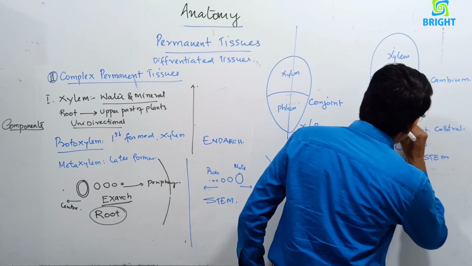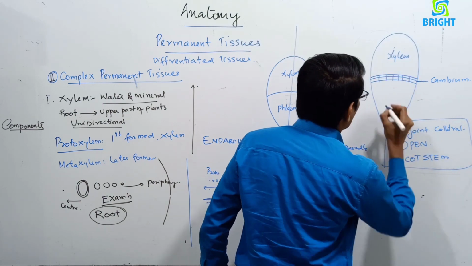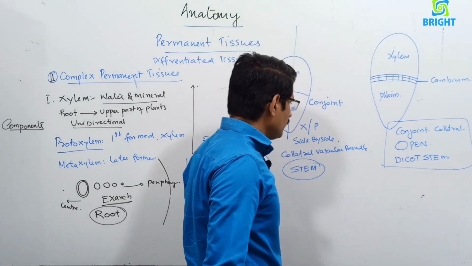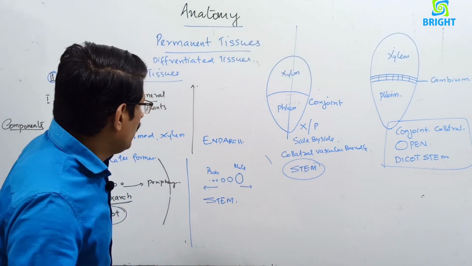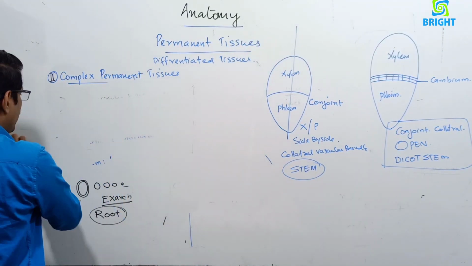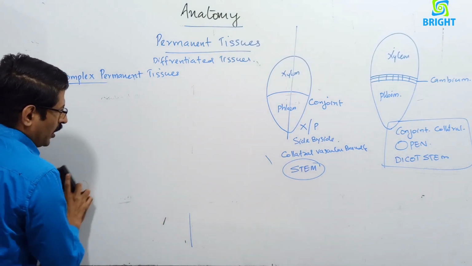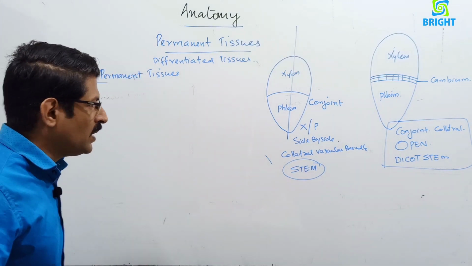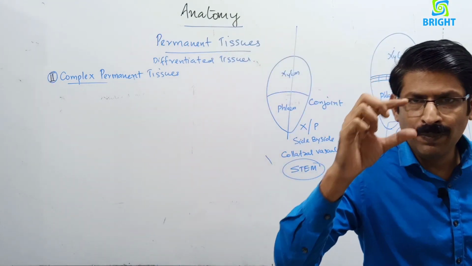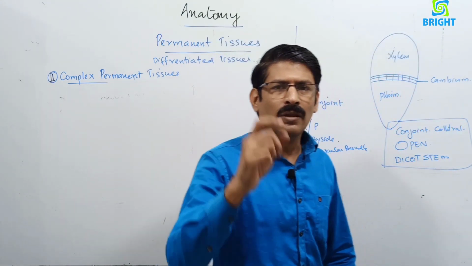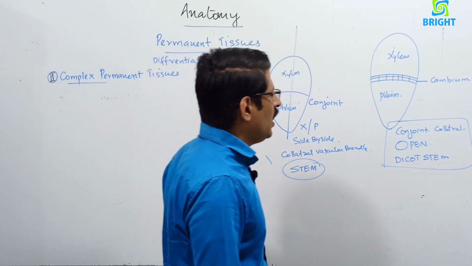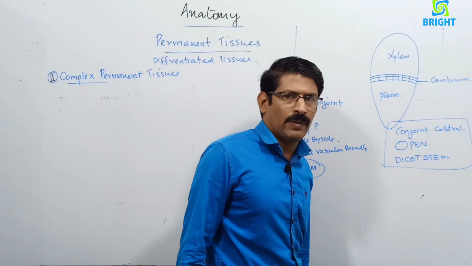So in the dicot stem, in between xylem and phloem there is a strip of cambium, and that's why it is called conjoined collateral open vascular bundle.